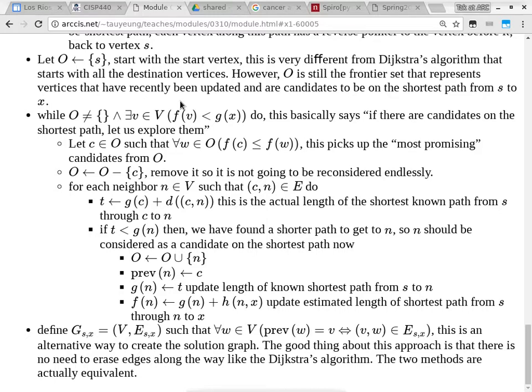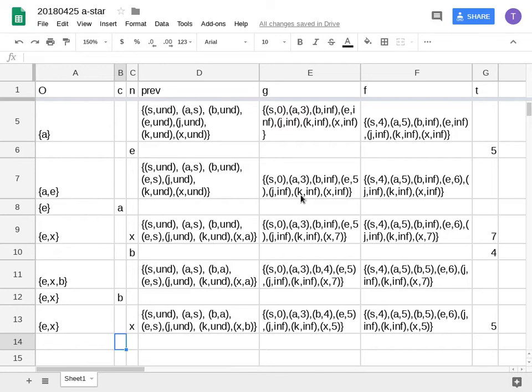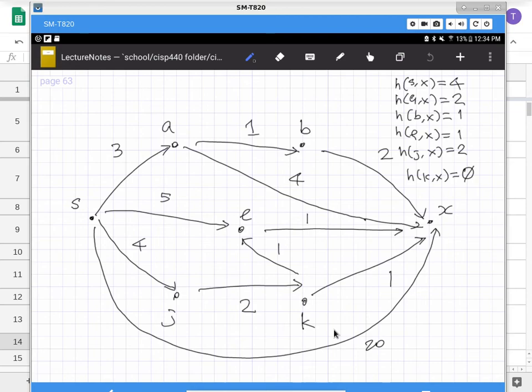So the question now is, have we found the shortest path? We claimed that the shortest path has a length of 5 right here, because the G of X is basically the length of the shortest path. So when we go back to the actual graphical representation, is that the actual shortest path?